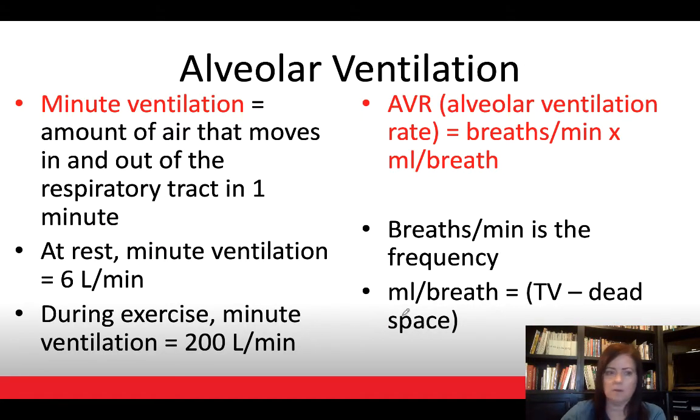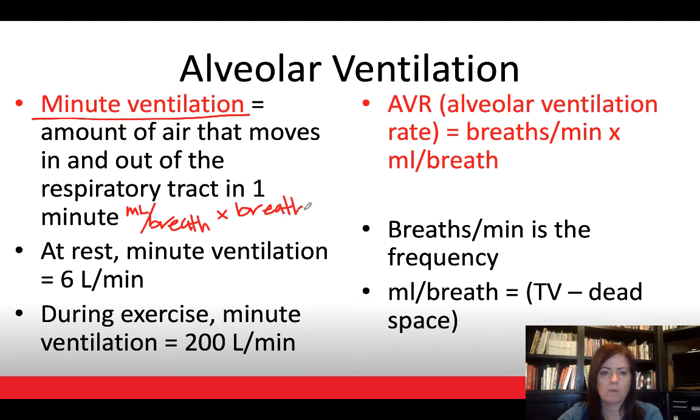Okay, so we could actually tease it out and make it a little more specific. And that's what we see when we look at this. So we can actually calculate both minute ventilation, which is basically the amount of air that we move in and out of our respiratory tract every minute. So if we look at minute ventilation equaling milliliters per breath, which is basically our tidal volume at rest, times breaths per minute, okay, that would be our units there.